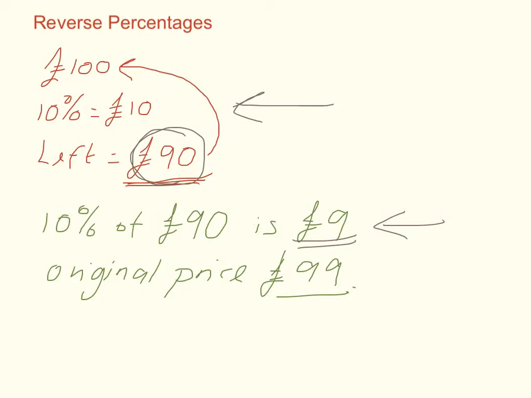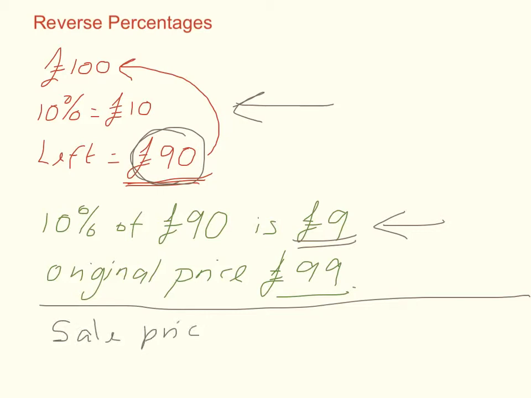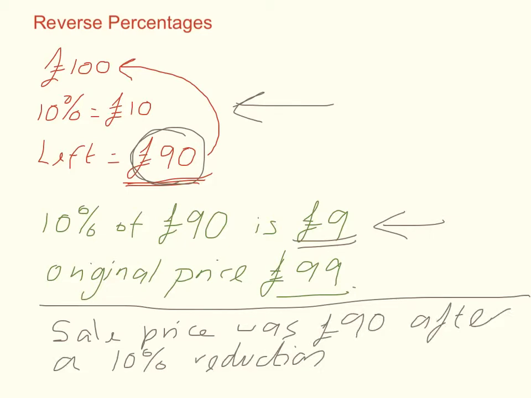Well, in that case, if I told you that sale price was £90 after a 10% reduction, how do I get back to the original price? And this is what we're going to deal with in this lesson.